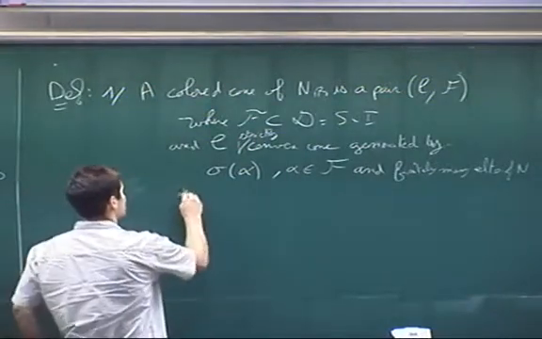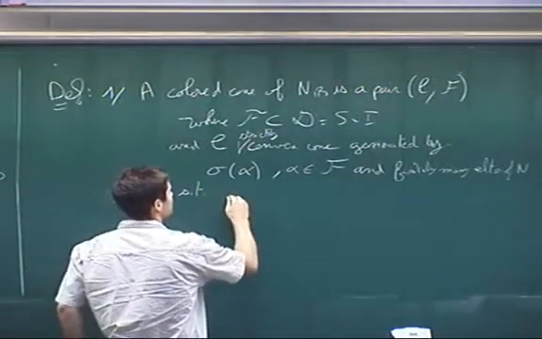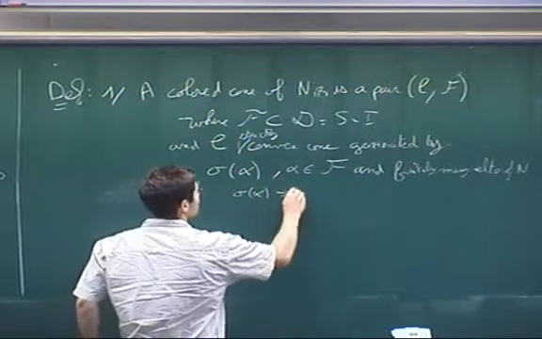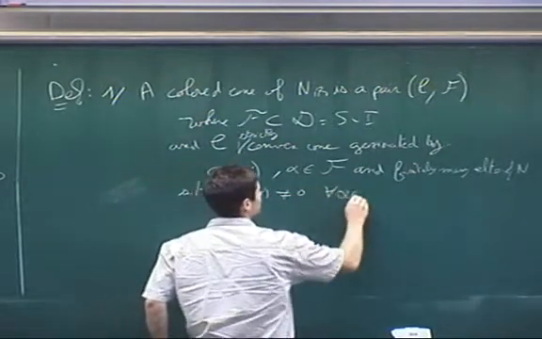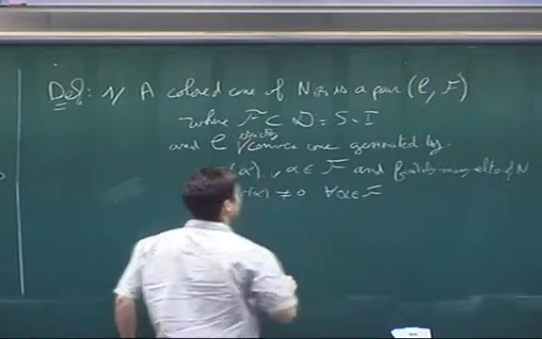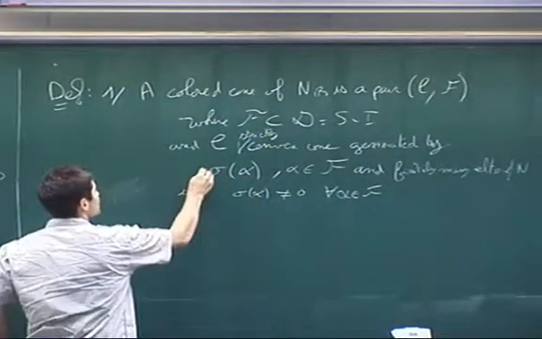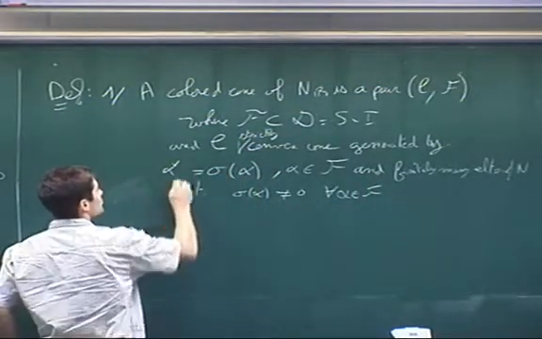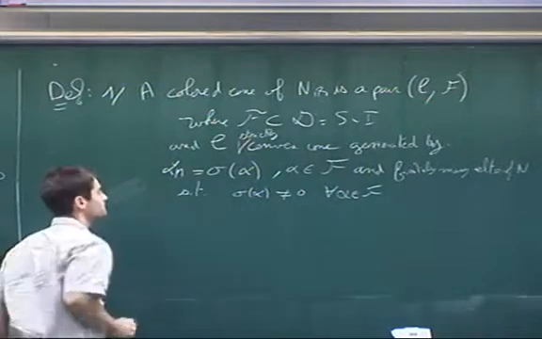And we have another condition: sigma of alpha is non-zero for all alpha in F. So in our case, sigma of alpha is the coroot restricted to M.